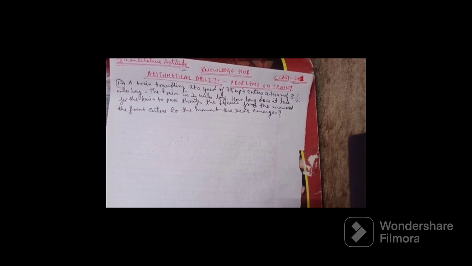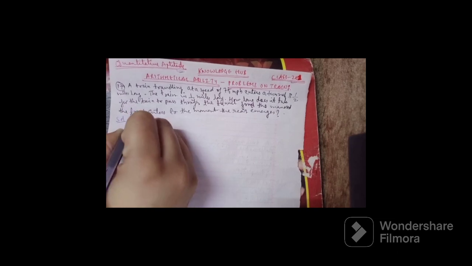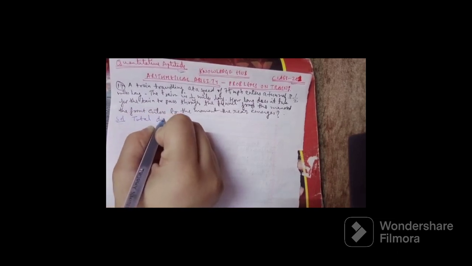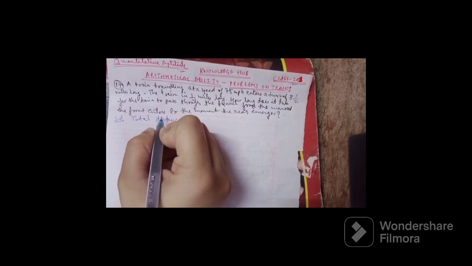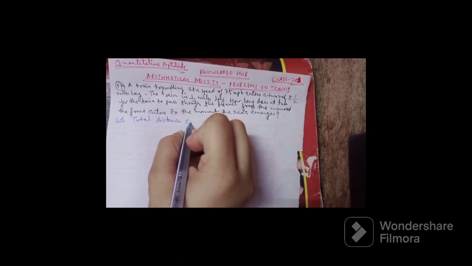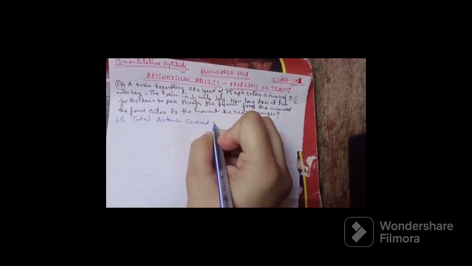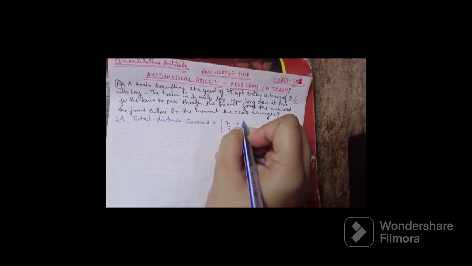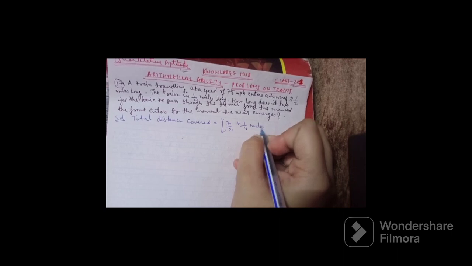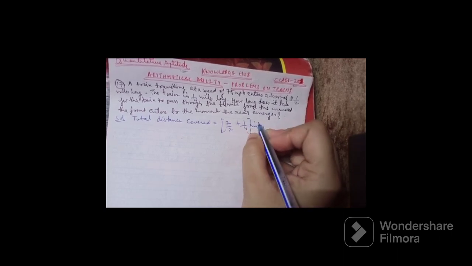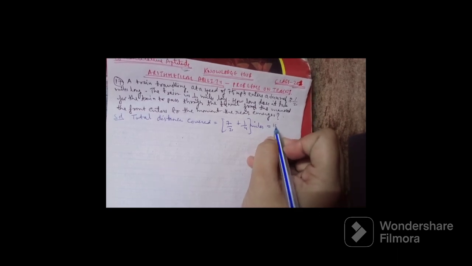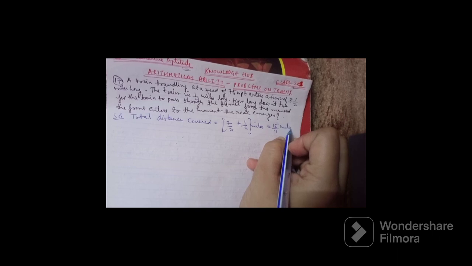So let's go for the solution here. Total distance covered equals 7/2 plus 1/4 miles, equals 15/4 miles.